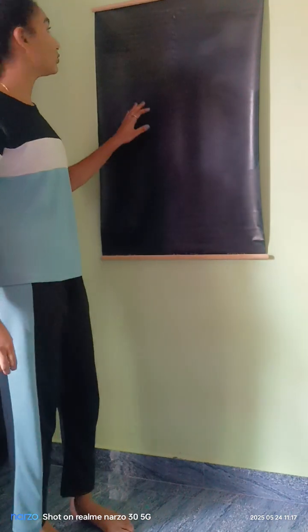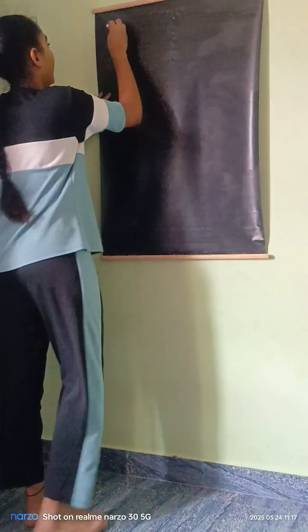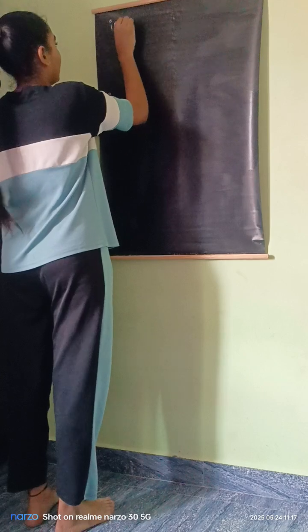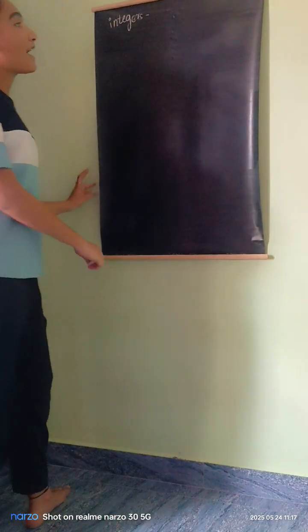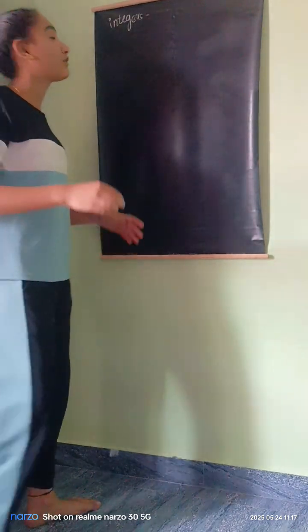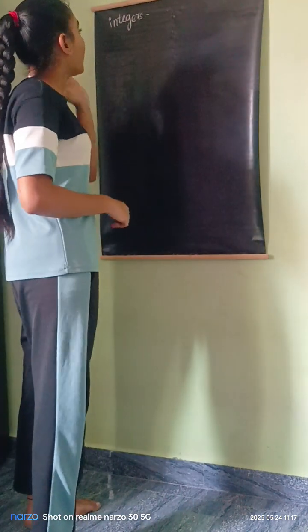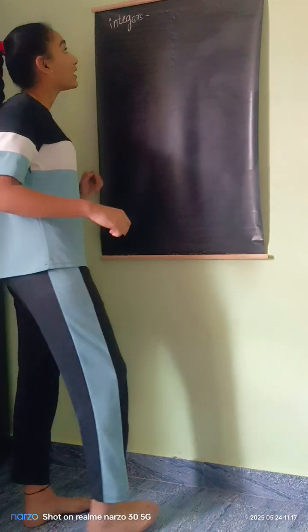Next, let's move on to the term integers. As we first saw in the definition of the number line, the same definition applies to the integers.